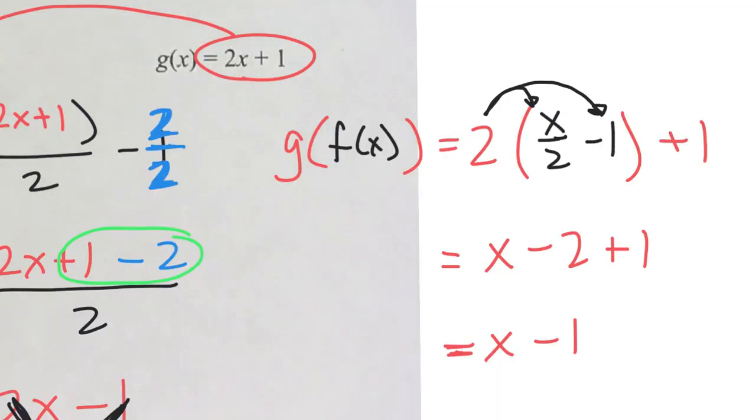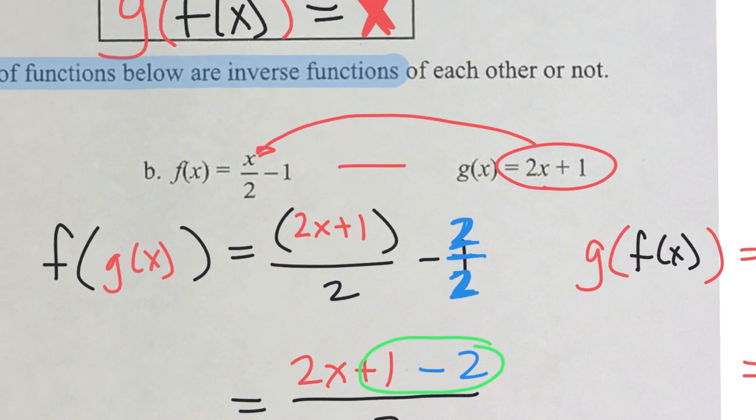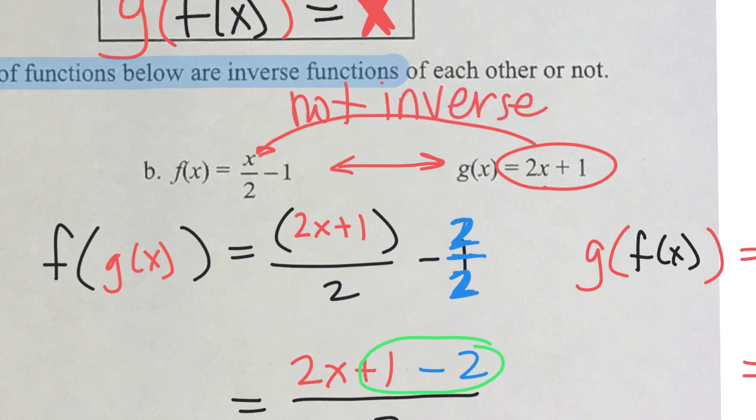When we do the other composition, we do not get just x as the result, which means that these are not inverses of each other. Not all of these things are going to come out pretty. So these are in fact not inverses of each other.